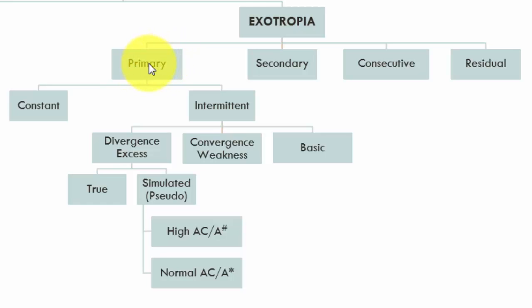Now, if we come back to the primary exotropia, there's a further subclassification. A patient may have a constant deviation or an intermittent deviation, and most commonly, patients with a primary exotropia have an intermittent exodeviation. And when they have an intermittent exodeviation, generally they'll be classified as divergence excess, convergence weakness, or as having a basic deviation.